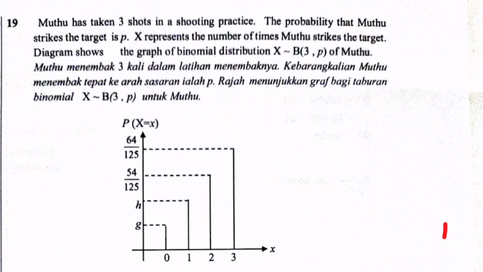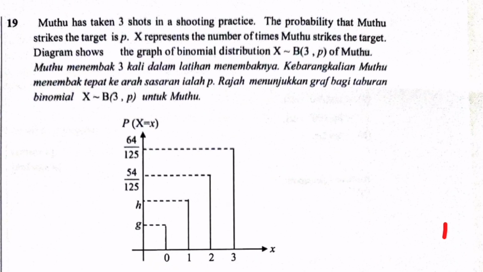So let's observe the graph. The vertical axis of the graph is the probability for X equal to x, so you are given the probability values. The horizontal axis is the number of shots.